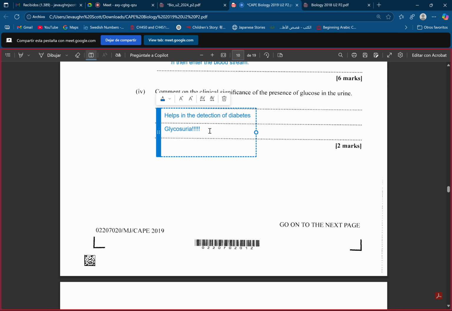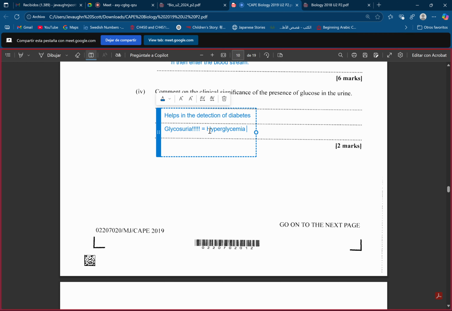Glycosuria is caused from hyperglycemia. Hyperglycemia. Okay, lovely. Go ahead. It comes from uncontrolled diabetes mellitus. So it's really and truly type 1 or type 2 diabetes.